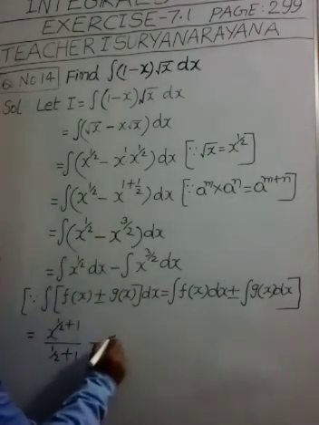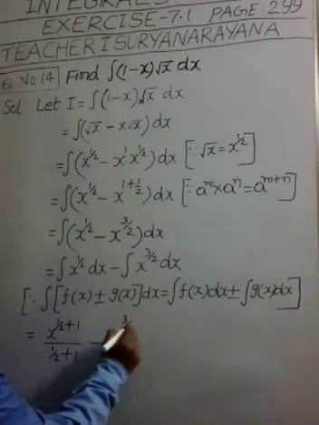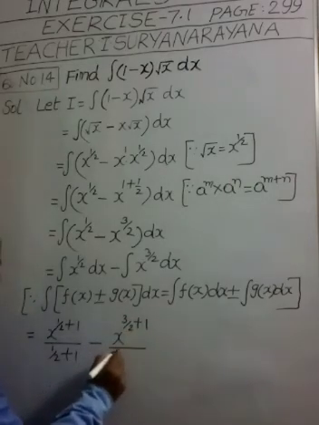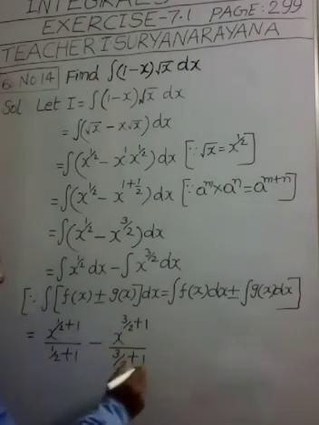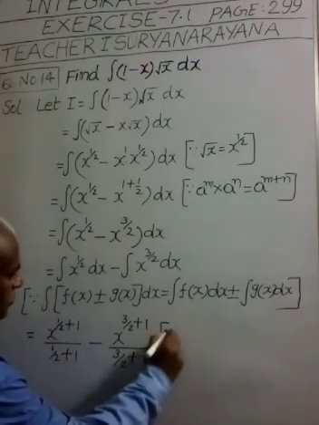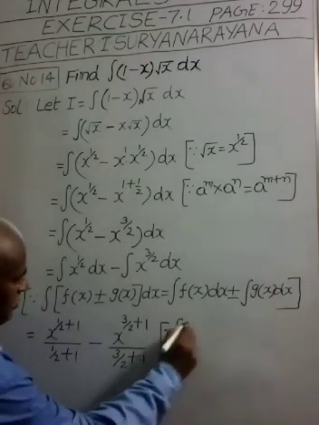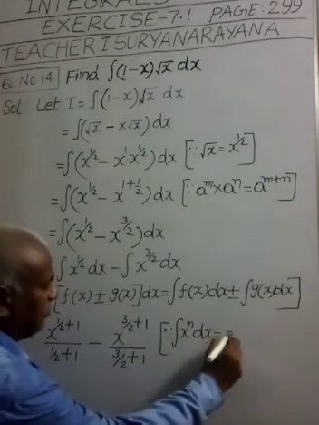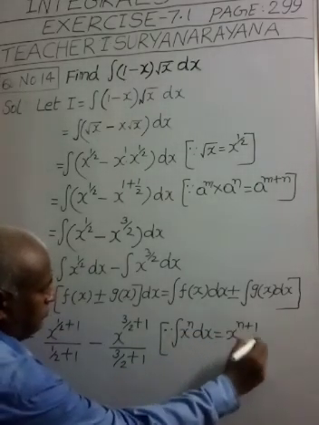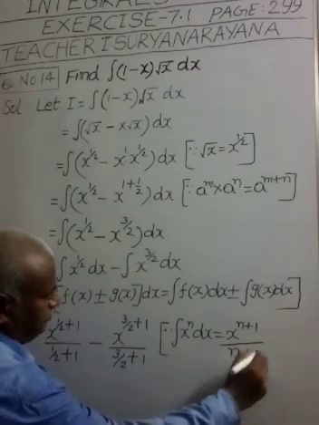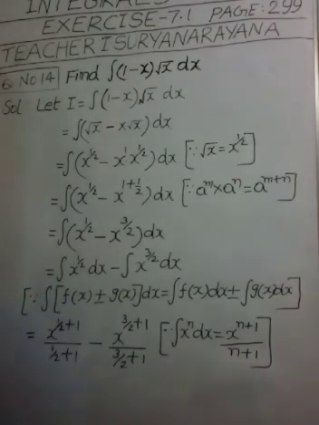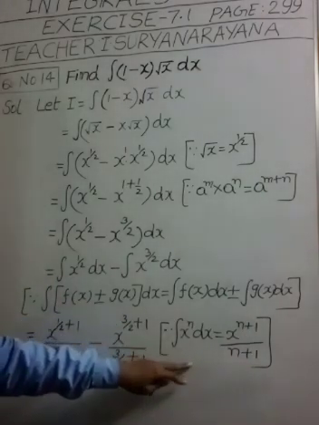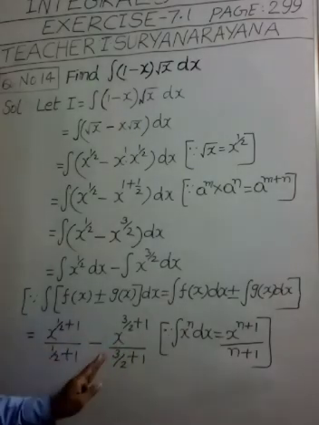So x to the power of 3 by 2 plus 1 by 3 by 2 plus 1, because integral x to the power of n dx is equal to x to the power of n plus 1 by n plus 1. By using this formula, we wrote these two terms. Understood this step, my children?